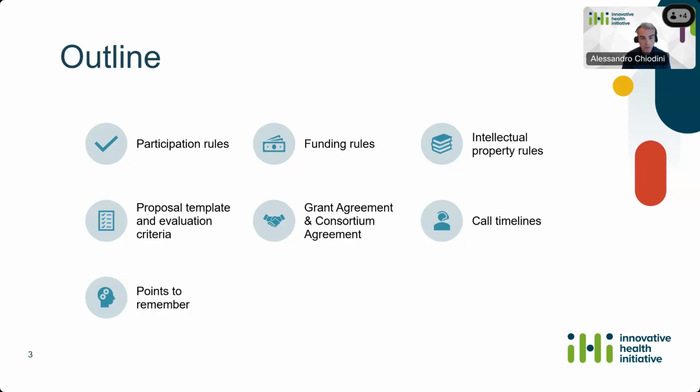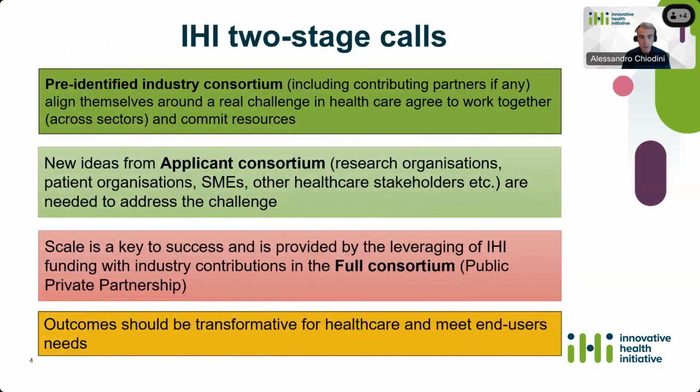In order to participate in this call, there will be some words, especially by my colleague Desmond, about intellectual property rights, and then some information about what you're going to see if you would like to apply to a topic: how to prepare a proposal for this first stage evaluation of Call 10, the difference between consortium agreement and grant agreement, and the timeline. And then we finally conclude with some tips and tricks that are useful to remember from your side.